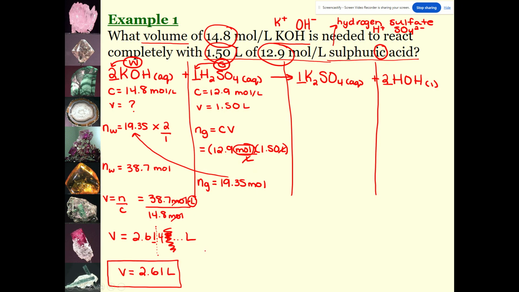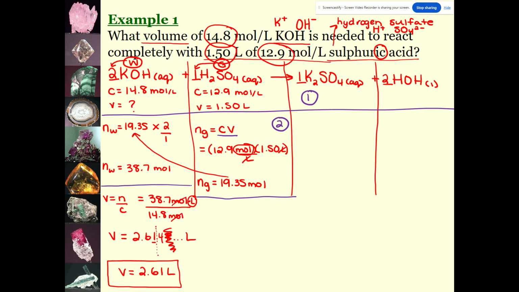So that is solution Stoich. And like I said, there might be masses involved as well, but you're following the same 4 steps. Okay, so a review. Step 1, this was step 1, where I wrote my balanced reaction, I wrote down my given information, I identified my wanted and given. Step 2 is right here, where we find the moles of our given, this time using C times V, but if I had mass and molar mass, it would be mass over molar mass.